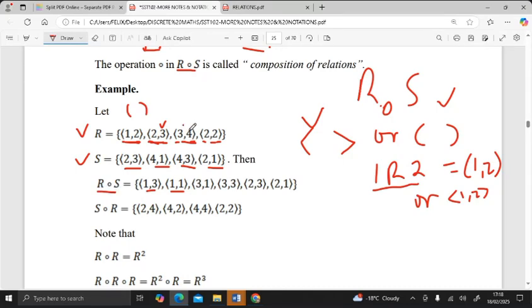Now, when we go to the member 3, 4, all we need to do in the second relation is look for members that start with 4.